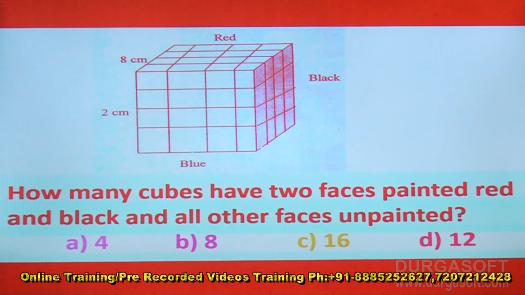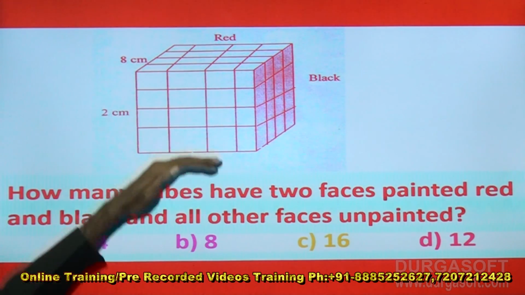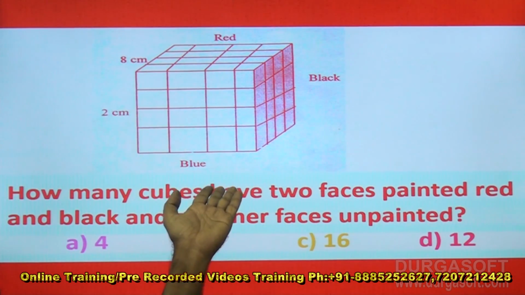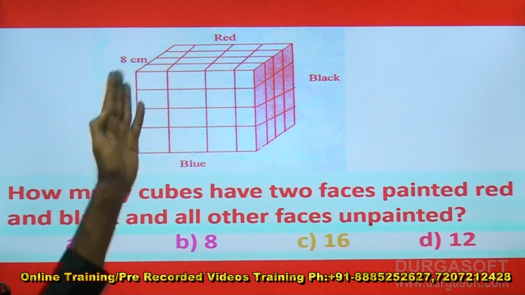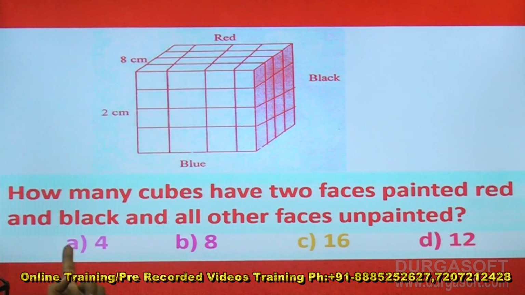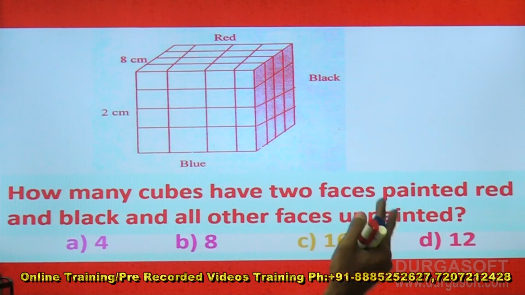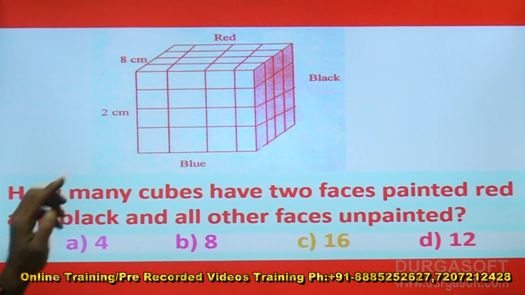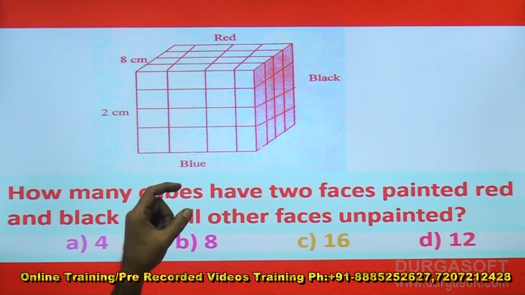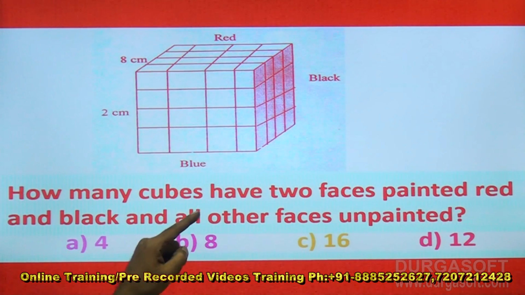So a cube with one face painted red, another face painted black, and other faces unpainted. So focus on where the red color is painted. In this case, the red color is at the top and bottom. The cube is painted red on the top and bottom. And one more thing, black is only on the right view and left view. So we have to take the cube which is painted only red and black.